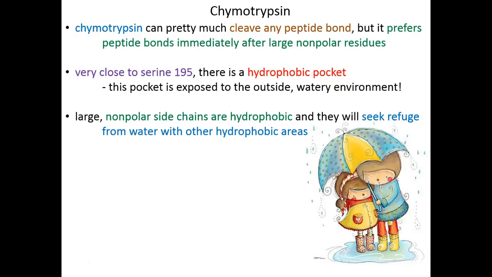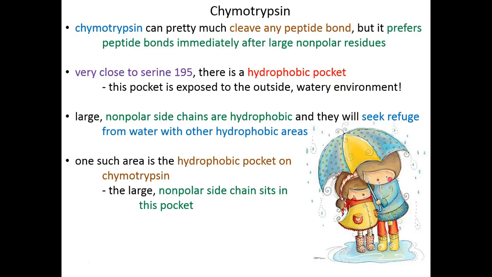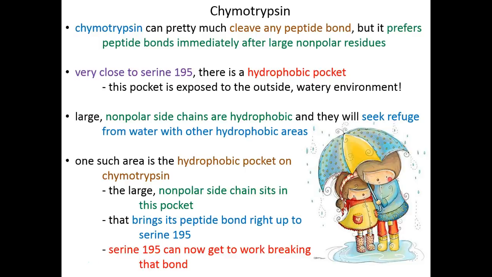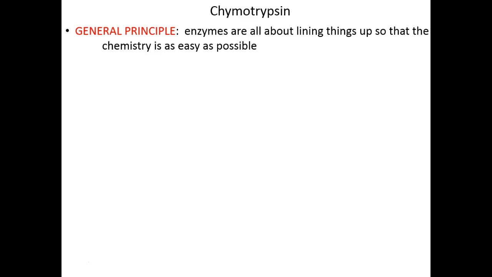Essentially, the large, bulky, hydrophobic side chains of the substrate molecule will shield and shelter themselves from water by huddling up with the hydrophobic pocket of the active site of chymotrypsin. That brings the peptide bond adjacent to those hydrophobic residues right in line with serine 195. This properly orients the peptide bond in the active site so that serine 195 can get to work.